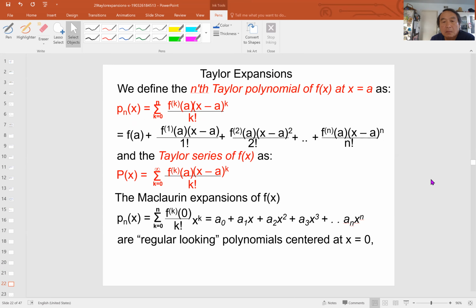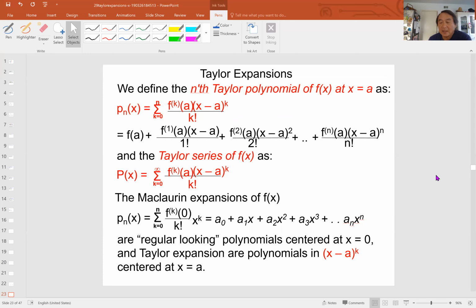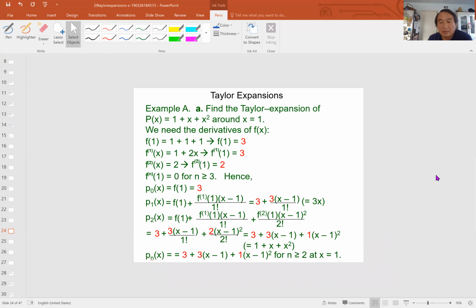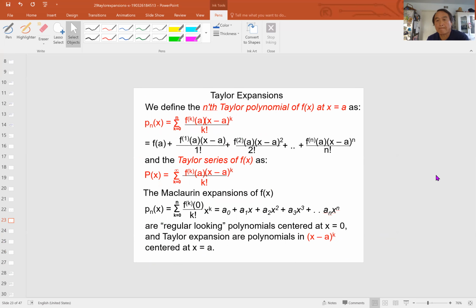Okay, so let me remind you, the Maclaurin series is the regular version, a polynomial based in x, but the Taylor polynomial expansion is based at x minus a. Okay, and what I meant by that is these versions are the Taylor expansions.